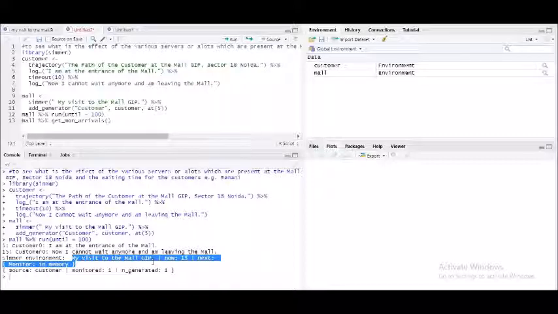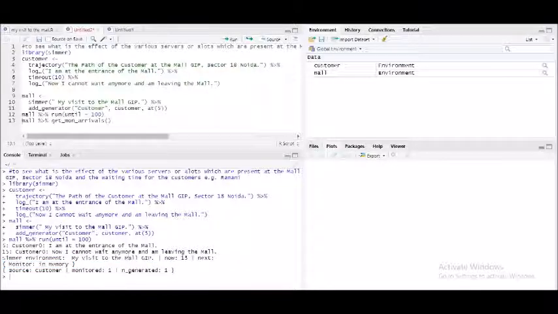So here, in the second case, the case of the mall, you have seen that simmer is the package that we have used, my visit to the mall, GIF, and we are adding the generators, where the customer is there, and we are saying that the customer has arrived at the 5th minute, and go ahead and run it for 100 cases so that we know what exactly is happening.